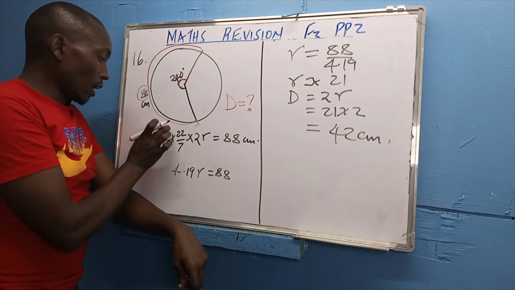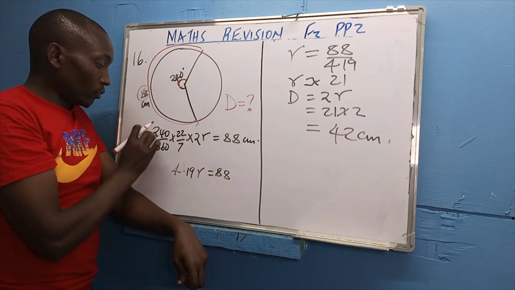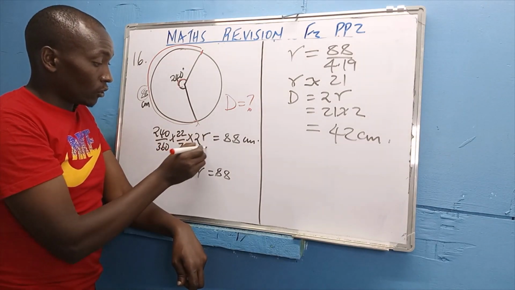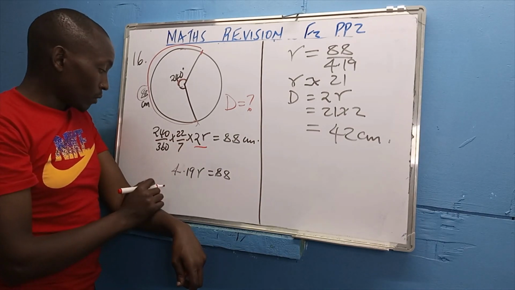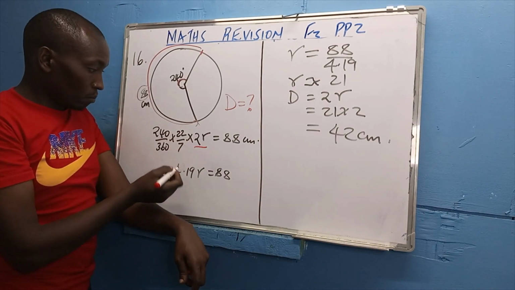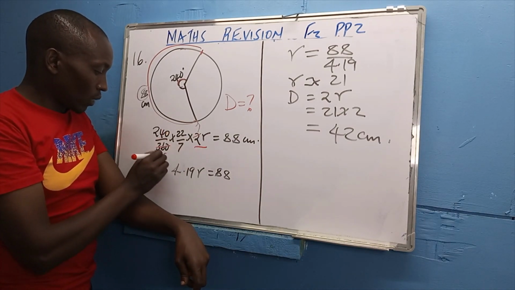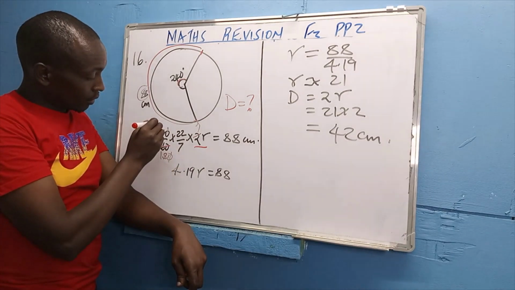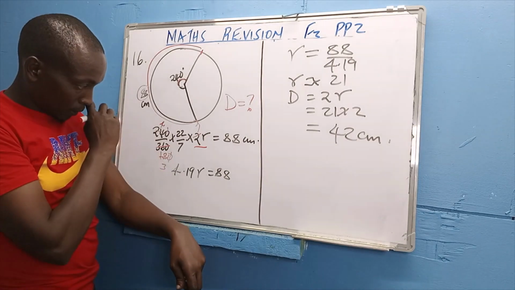With that, the angle at the center, 240 over 360, times pi r 2r. That is pi d. So then you simplify. By 2, 1, by 2, 1, 80, the 0 and 0 will go. By 6, there is 4, by 6 is 3.